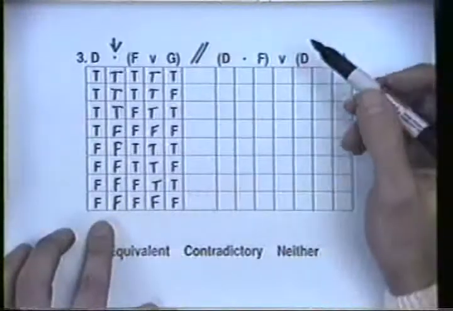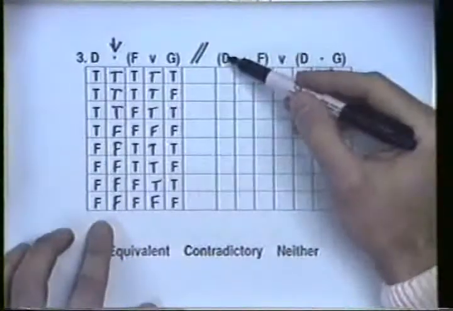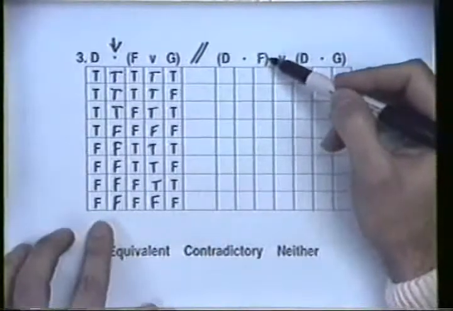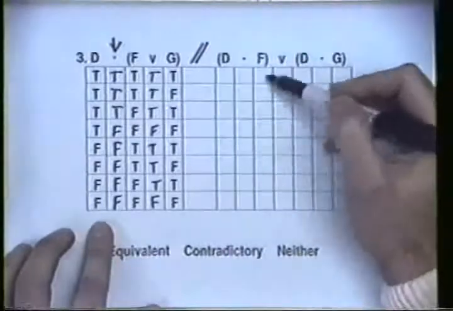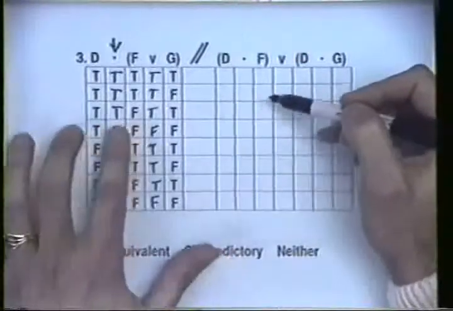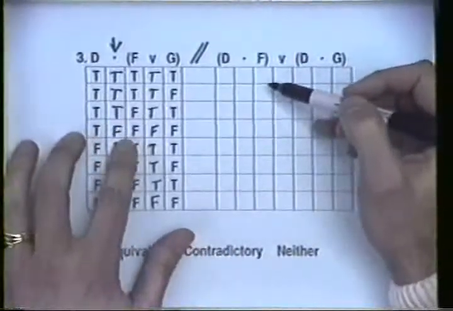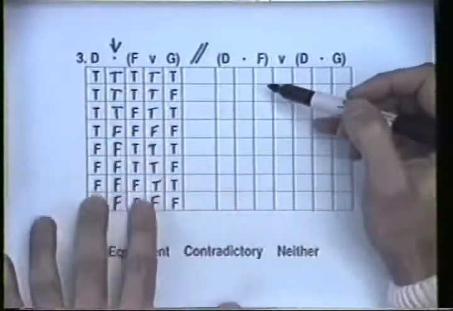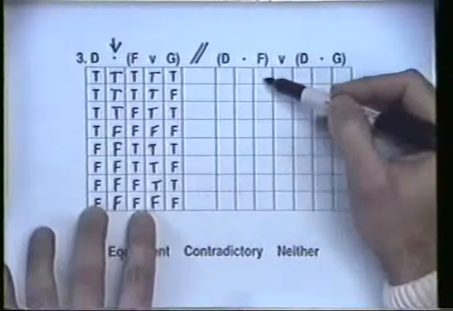Now we need to do the same thing over here, bringing together the truth values for D, conjoining them to the truth values for F. Now, as I said, we don't need to write these down here again. If you wish, it would be perfectly fine to do that, but we'll just speed things up by referring to these columns because they're going to be identical to the ones that would occur here.